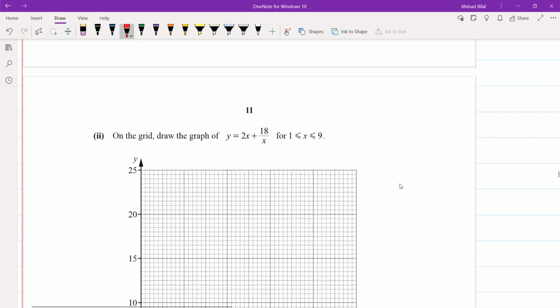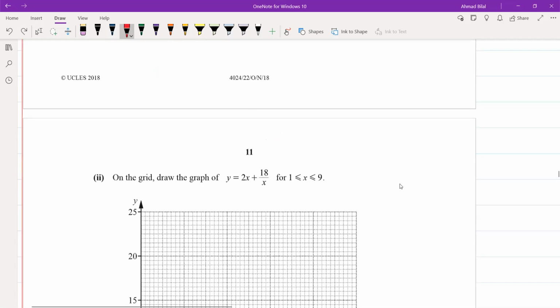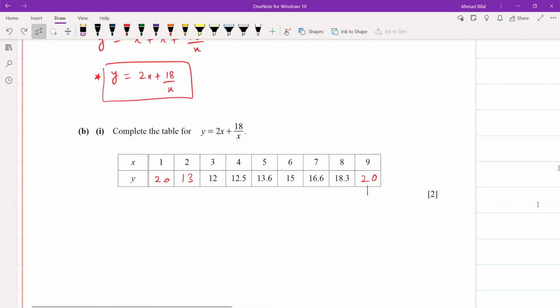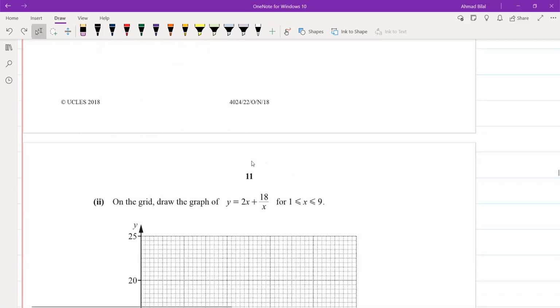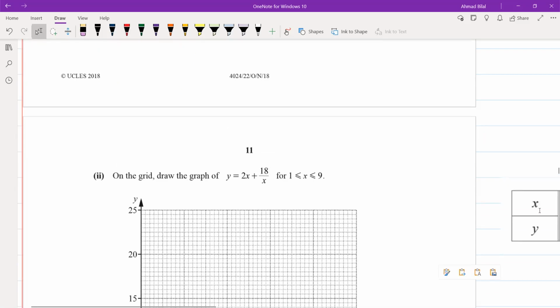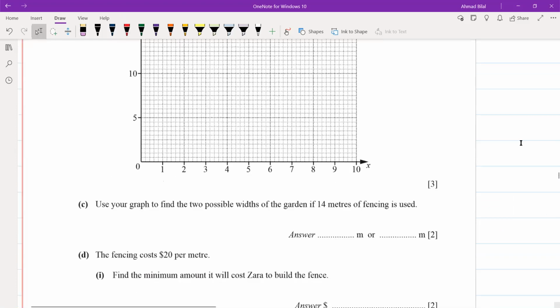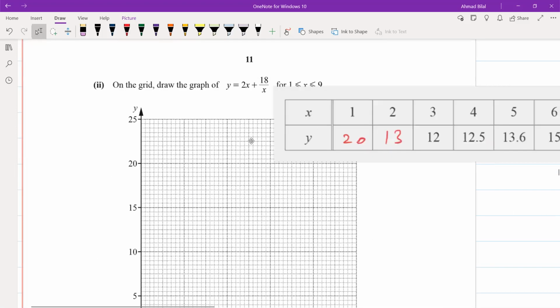Then they say, on the grid below, draw the graph of this function. So draw the graph from x equal to 1 to x equal to 9. Okay? So what will I do here? I'll just copy this table here so that we can have it visible while we are plotting the points.